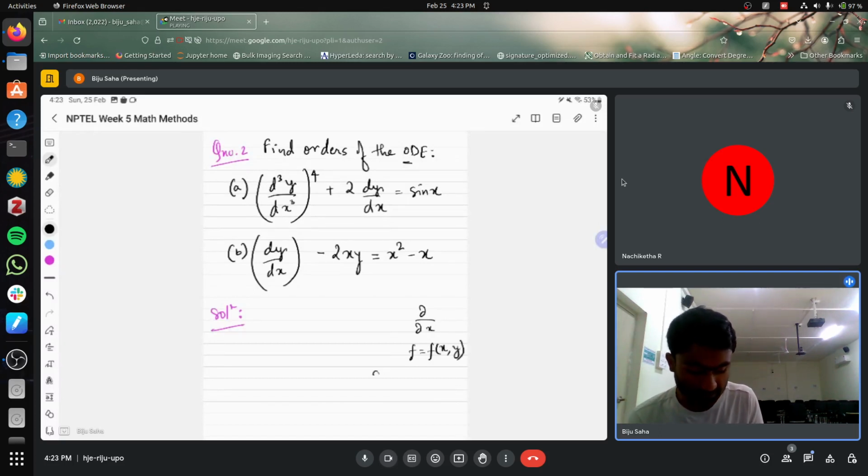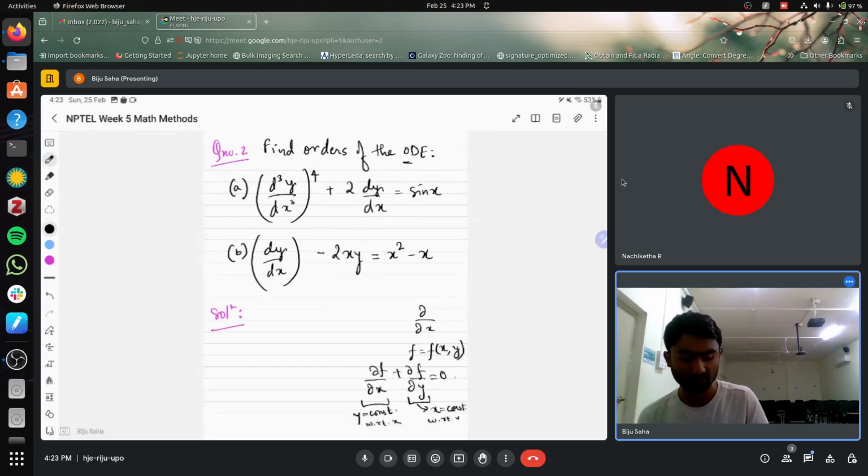Suppose you come across a differential equation like this: in the first term y is held constant and it is partially differentiated with respect to x, and in the second term x is kept constant and differentiated with respect to y.